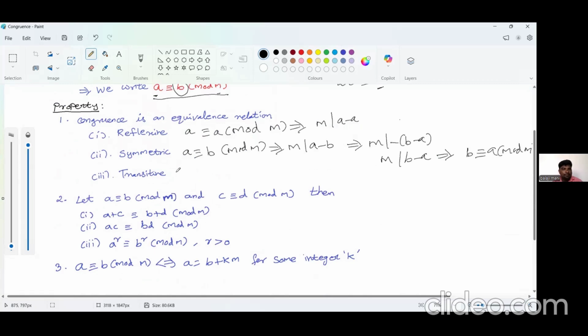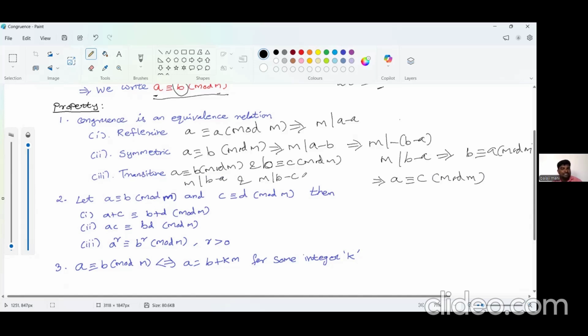Next, transitive. Let a ≡ b (mod m) and b ≡ c (mod m). I want to show that a ≡ c (mod m). Now a ≡ b means m divides b minus a, and b ≡ c means m divides b minus c.